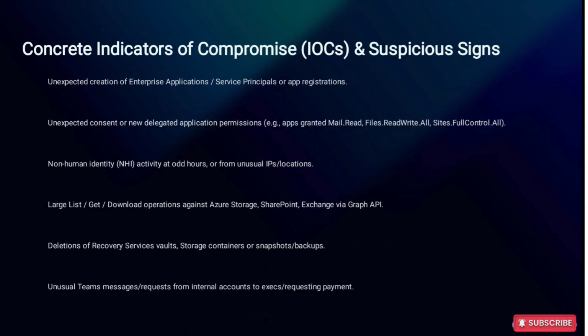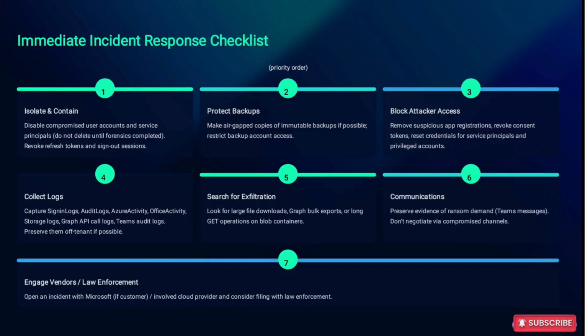Indicators of compromise, or suspicious signs, include unexpected creation of enterprise applications, unexpected consent to new delegated applications, non-human identity activities, very large download operations against Azure storage, endpoints, or Exchange, deletion of Recovery Services vaults, and unusual Teams messages. So for the immediate incident response checklist, we have to give a priority order to remediate these at the earliest.